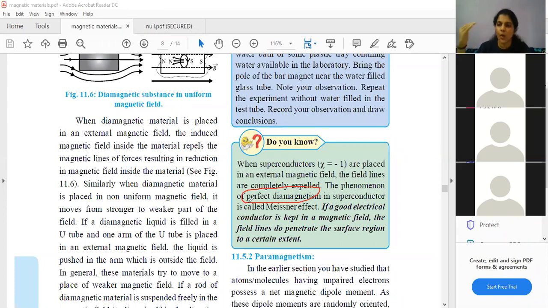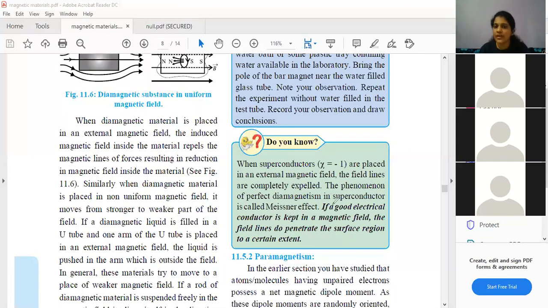Normally, if the materials are diamagnetic, one or two magnetic lines are able to penetrate through the material. Okay, it is possible that एक दो magnetic line अंदर से निकल जाए. All right, but this does not happen in superconductors, because superconductors show perfect diamagnetism. They don't let any external magnetic line penetrate through them. Okay, and this is called the Meissner effect.